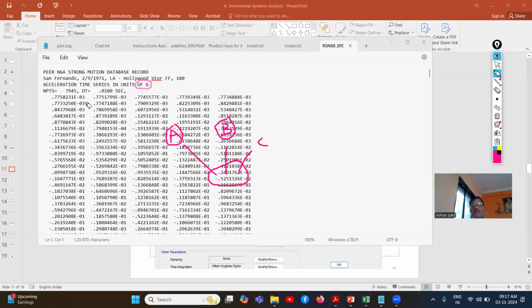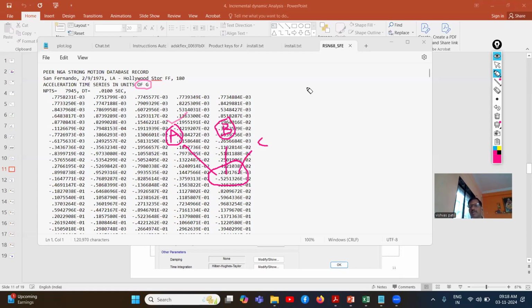So the scale factor is just to convert this time history scale into our model scale. Sometimes these time history records are given in centimeter per second squared.